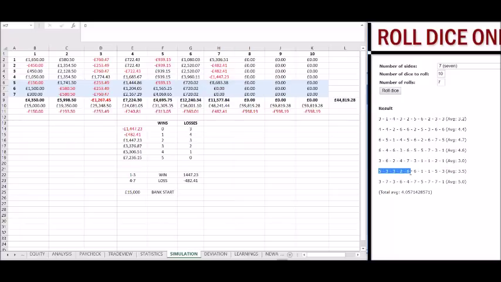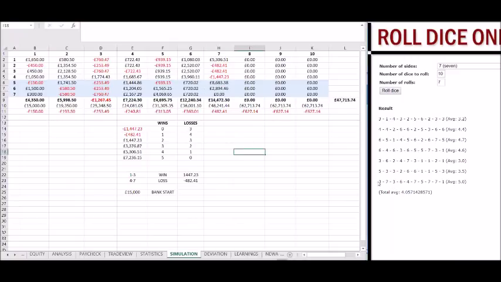Saturday, there were 3 wins, so 3376.87. Take 482.41 because we had the loss here, the extra loss, which comes to 2894.46.